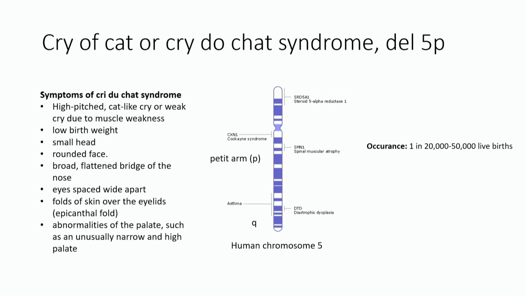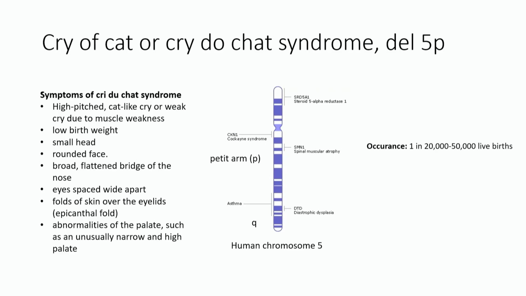The symptoms are a high-pitched, cat-like cry or weak cry due to muscle weakness. The cry of a human, when the muscles are strong, is loud. But if somebody cries like a cat, that is meowing, that means muscles are weak, they cannot cry loud.